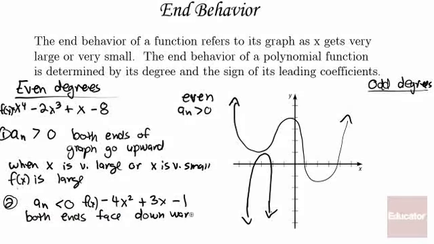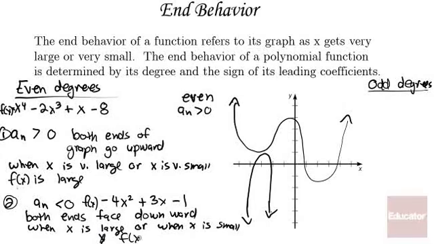And what this tells me is that when x is very small or very large, f of x is small, has small values. So at the ends here, when x is these smaller values or very large values, y is going to have a very small value.